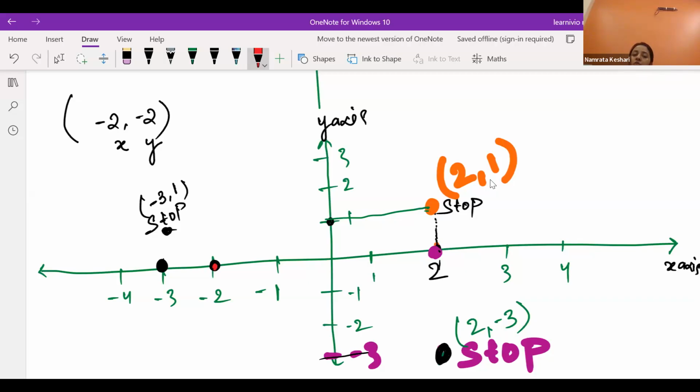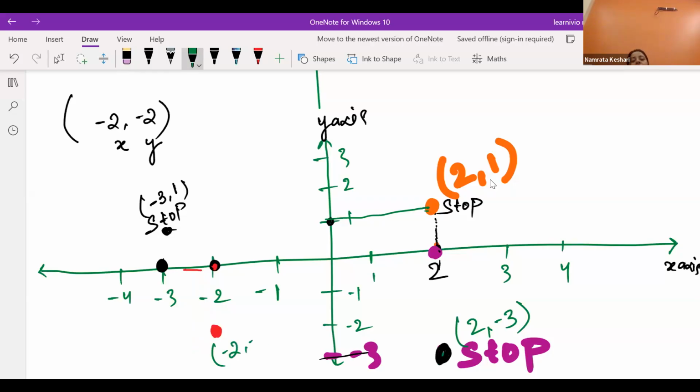You can also place a scale like this. You are moving and moving, and once you see -2 in front, you stop over here. You can also take the scale and check whether it is perfectly straight or not. Then this is the location of the point -2 comma -2.